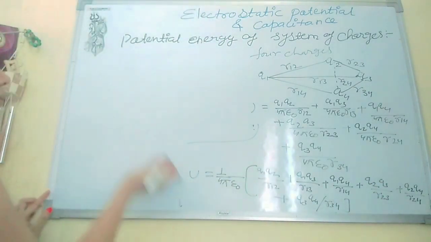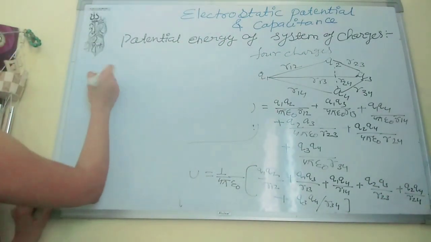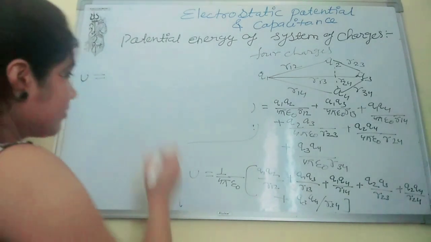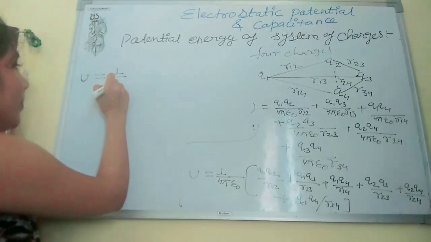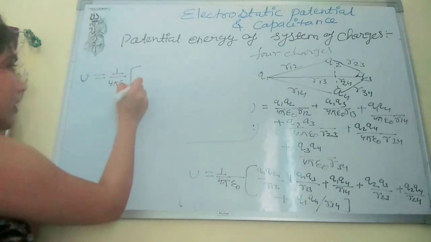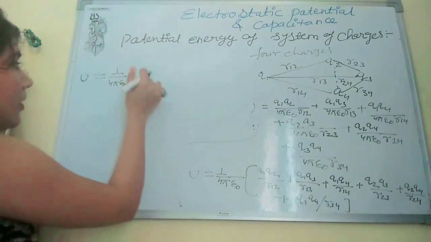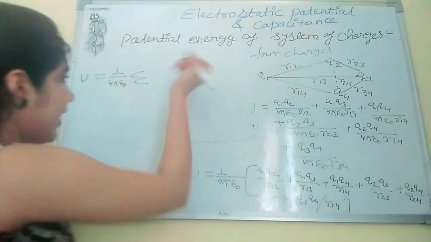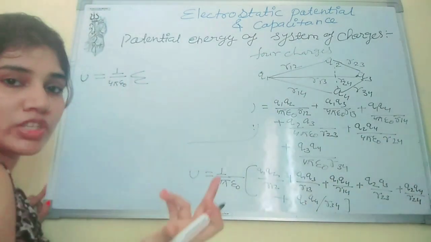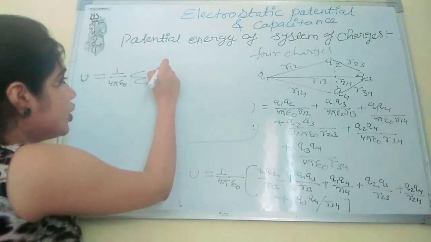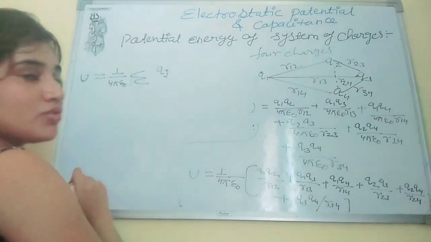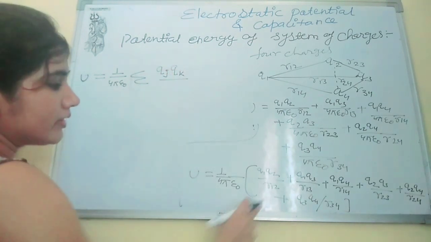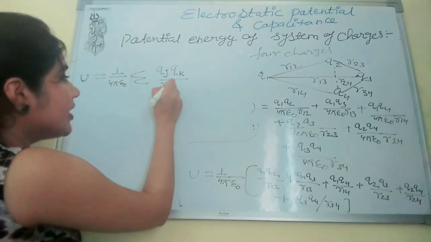So in combined way we can write the potential energy as 1 by 4 pi epsilon naught. We can take sigma for all, and we can write it in the form of J and K. So here Q J Q K upon R J K.